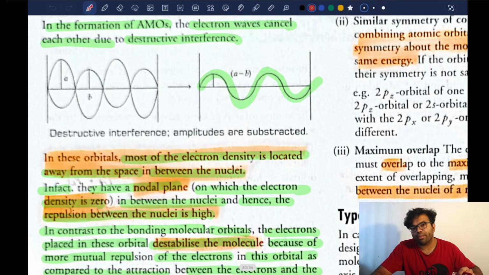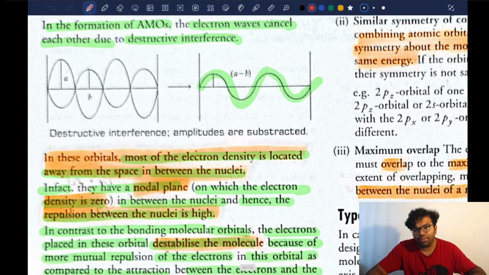Okay, and what is the main difference between a bonding molecular orbital and an anti-bonding molecular orbital? In a bonding molecular orbital, the electrons are present between the two nuclear centers. Because they are present between the two nuclear centers, what ends up happening? The repulsion between the two nuclei is actually reduced due to the presence of the negatively charged electron cloud between them.